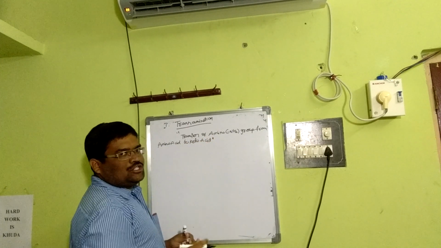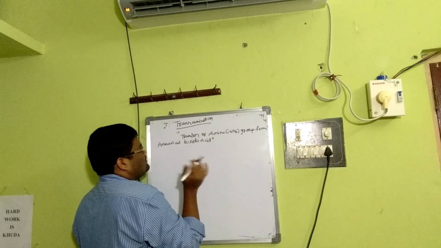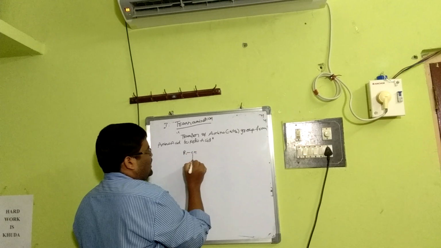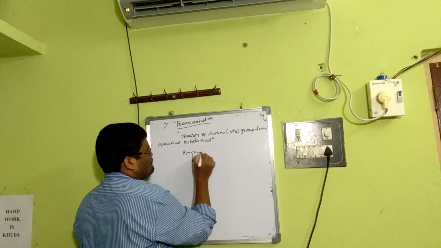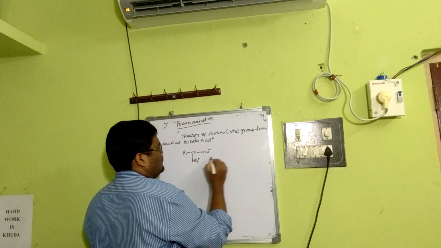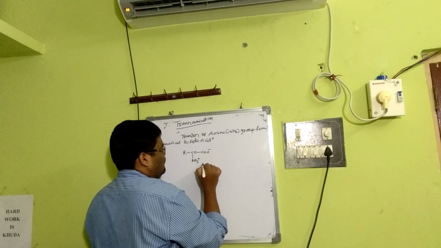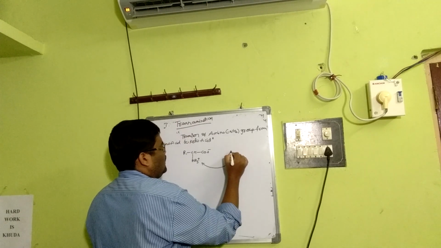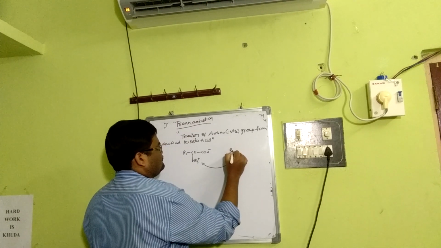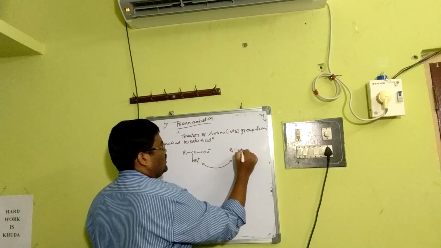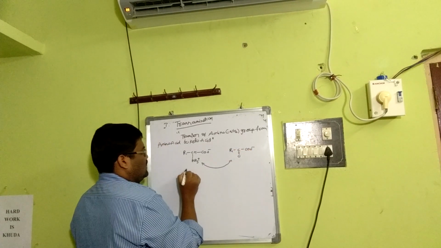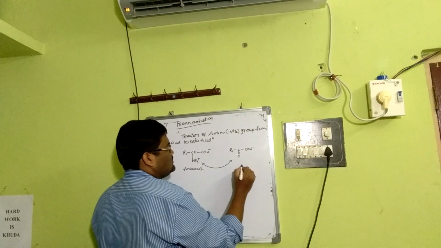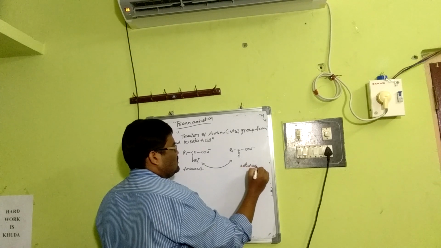For example, in general, this is one amino acid, and it will become a keto acid. This is another keto acid. Let me say this is amino acid 1, and this is keto acid 1.